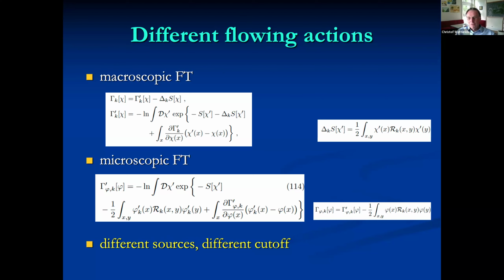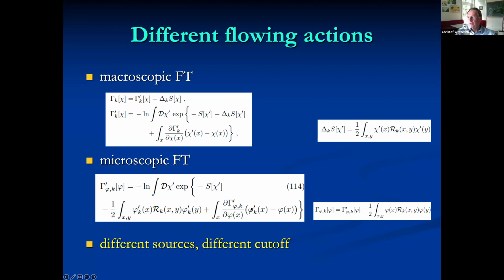But whenever you compute correlation functions or whatsoever, you should be aware that these objects are not the original flowing action. There's something different, and the way you finally derive correlation functions, even though you can do it, is much different for the object that you obtain by the microscopic flow equation from the original one.